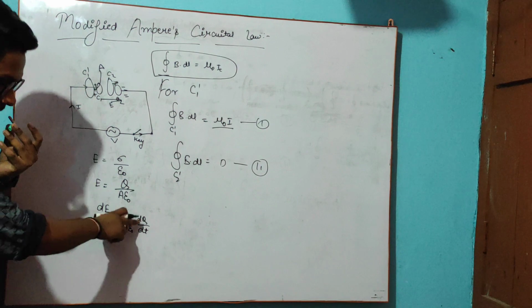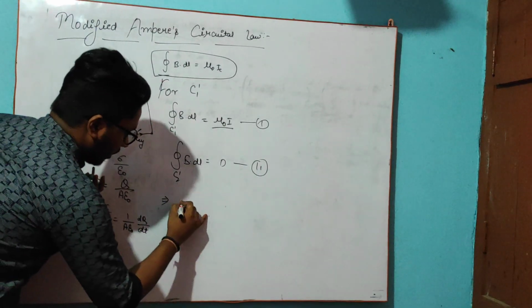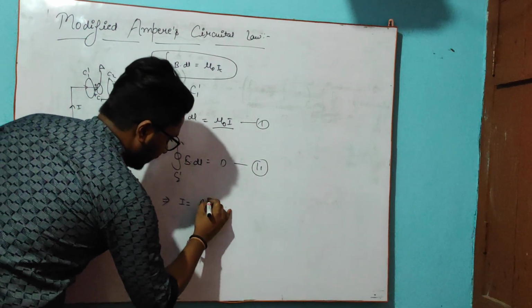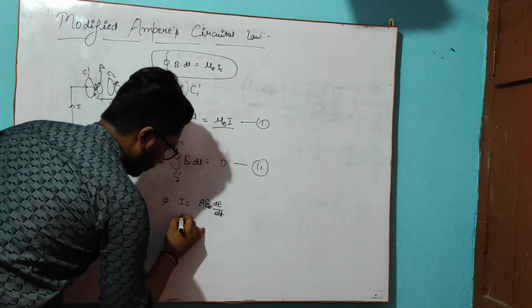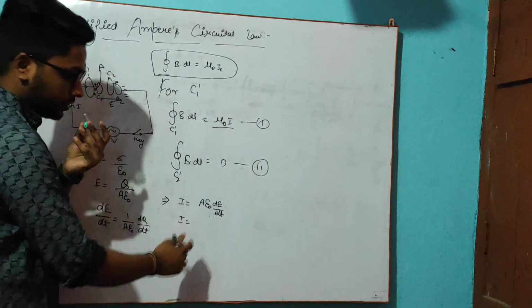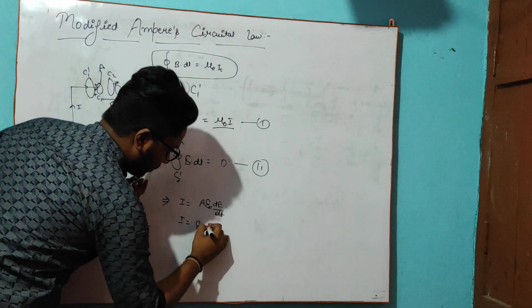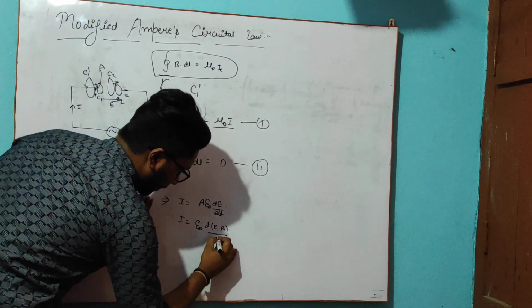Now, what is dQ by dt? Current I. So I is equal to A epsilon naught dE by dt. Take this A in the differentiation. So we get epsilon naught d(EA) upon dt.